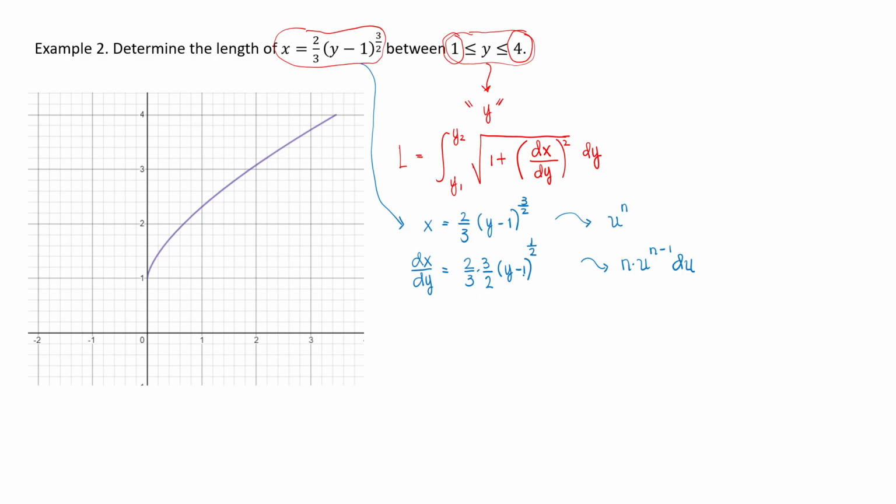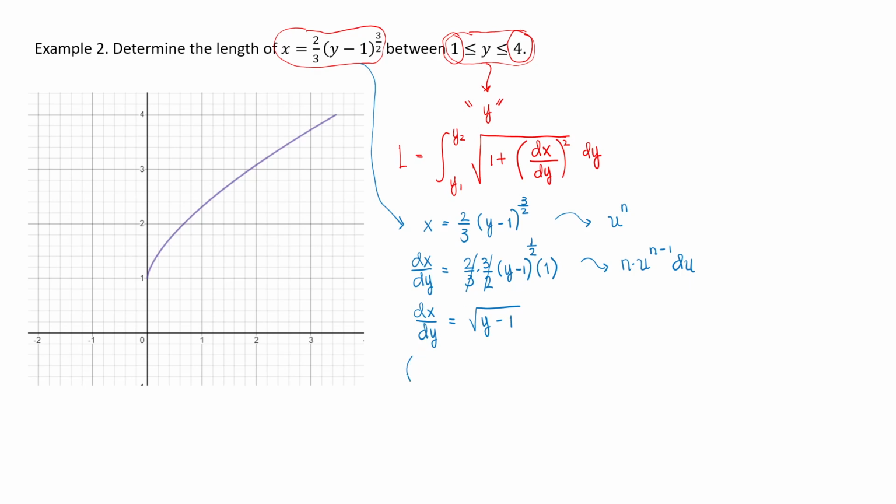Then the derivative of the inside function is just 1, since the derivative of y is 1 and the derivative of negative 1 is 0. Cancelling out 2/3 and 3/2 because they cancel each other, what is left is dx over dy equals the square root of y minus 1.